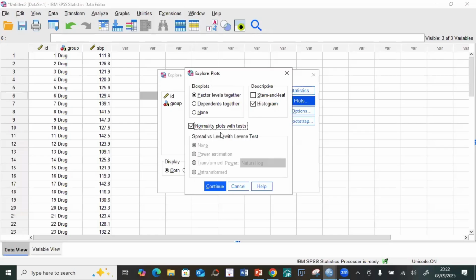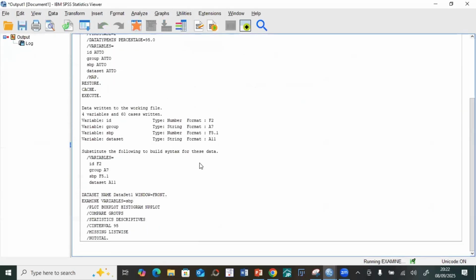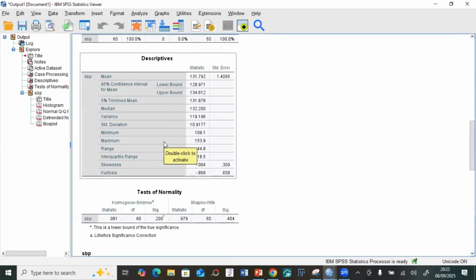Once you tick the normality plots, it will compute for you either the Shapiro-Wilk, depending on the sample size, or the Kolmogorov-Smirnov, the difficult one. Here you click to display both statistics and plots. So it's computing, and here we have it.